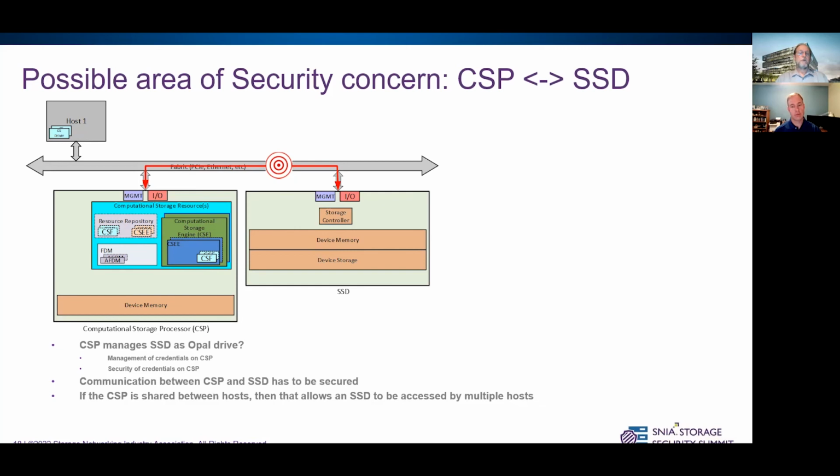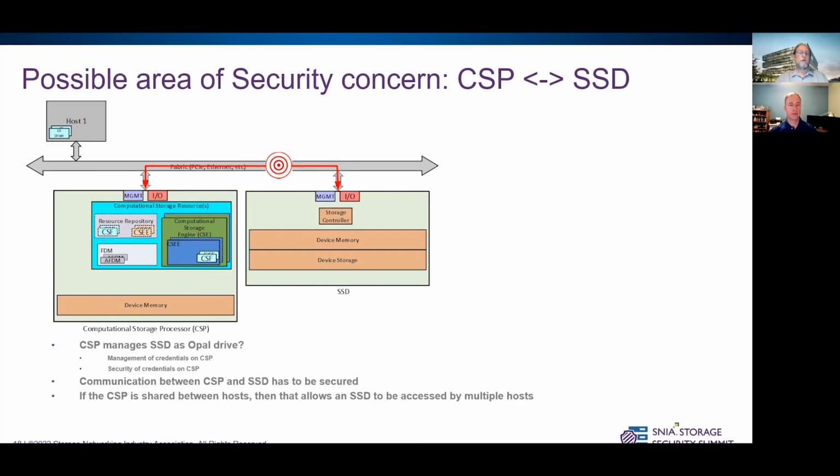And this CSP would be the single host that is connecting to that Opal drive. Now, what do you have to do in order to do this? You now have to have management of credentials, and that has to be done on the CSP. You have to be concerned about the security of the credentials on the CSP.